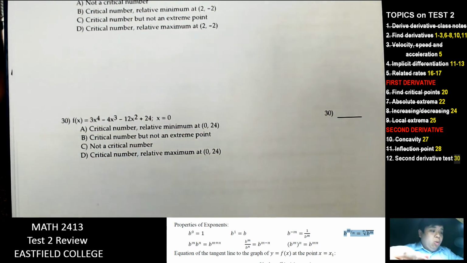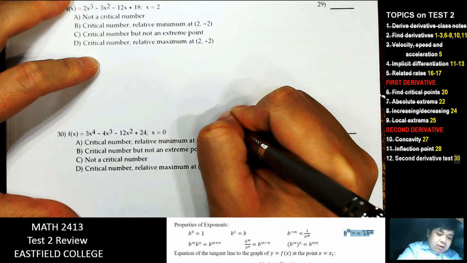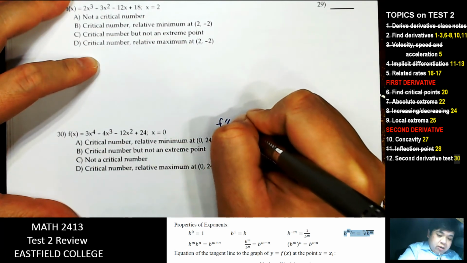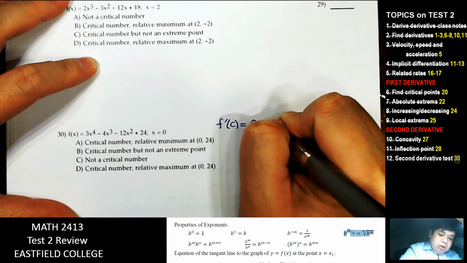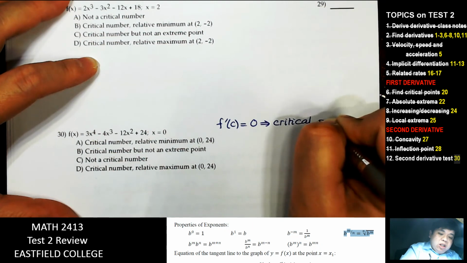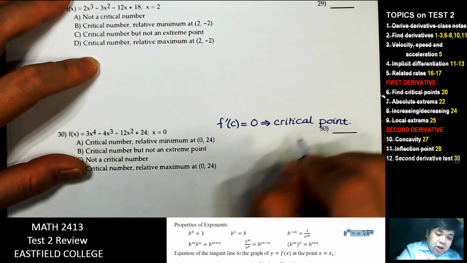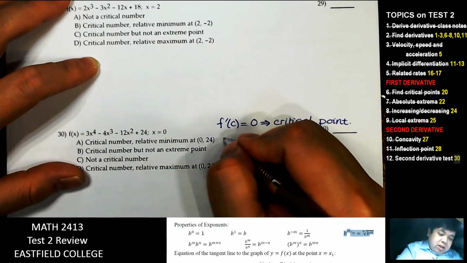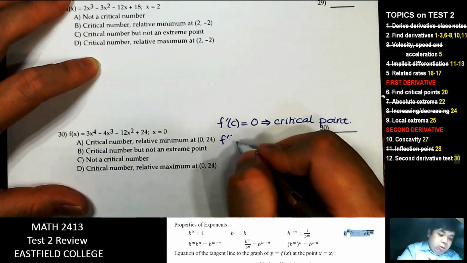What we're looking for: first, the first derivative has to be equal to 0, so that will be a critical point. More detail like this is posted in the notes already. So we need the first derivative equal to 0, a critical point.